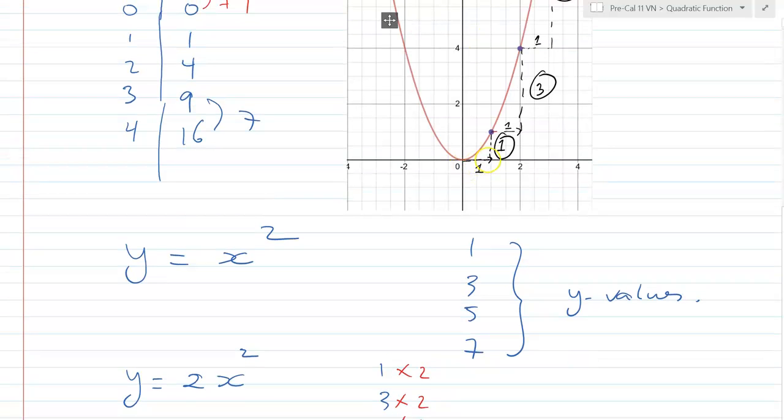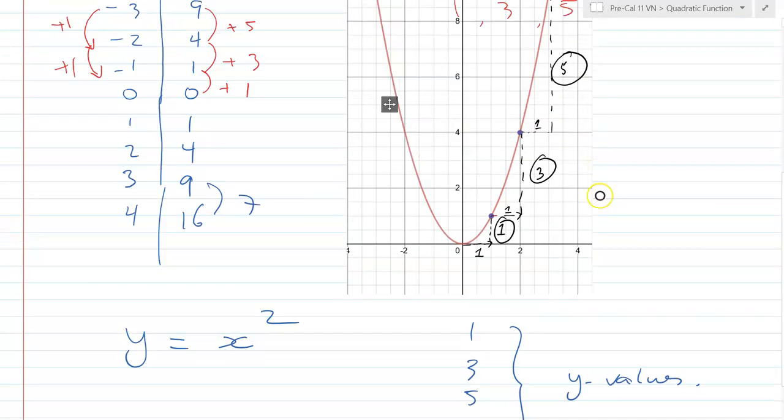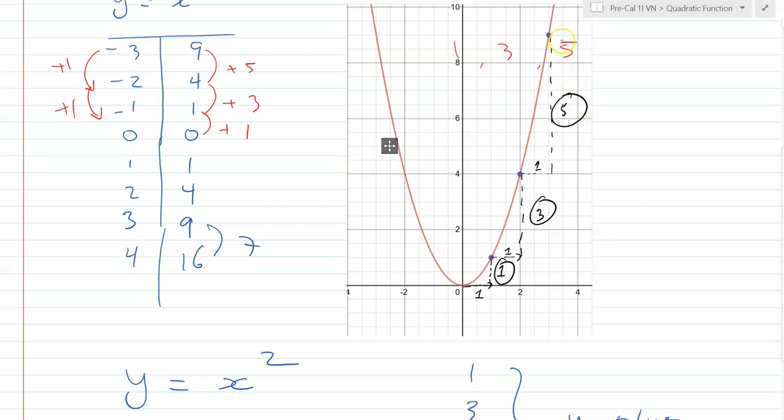If you go 1 over 1 up, x is still going to go up by 1 unit, but this time you go up 2 because now there's the 2 in front of it. So you don't go 1 over 1, but you go 1 over 2 up, 1 over 6 up instead of 3 up, and then 1 over instead of 5 becomes 10 up. That's why the graph gets skinnier and skinnier.